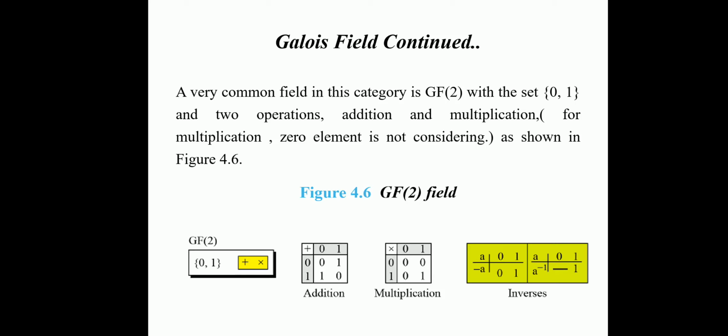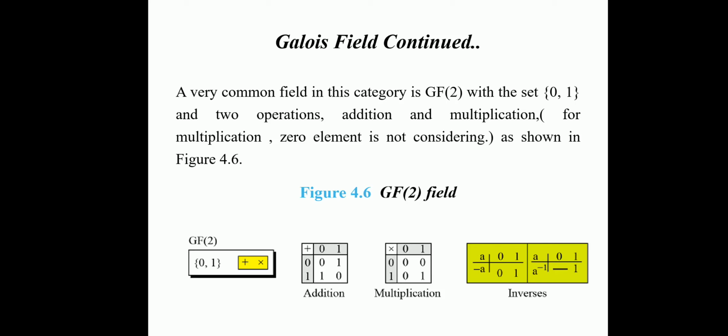We can see that for the field element 0, the 0 comes for 0 itself. So the additive inverse of 0 is 0 itself. And for 1, the 0 comes for 1 itself. So the additive inverse of 1 is 1 itself.